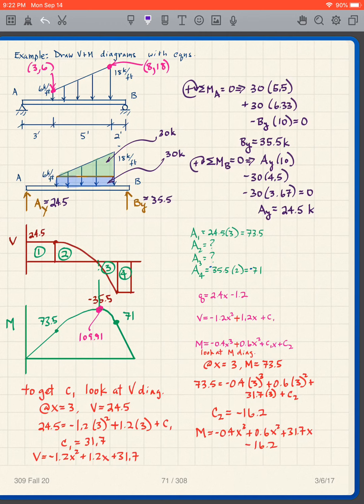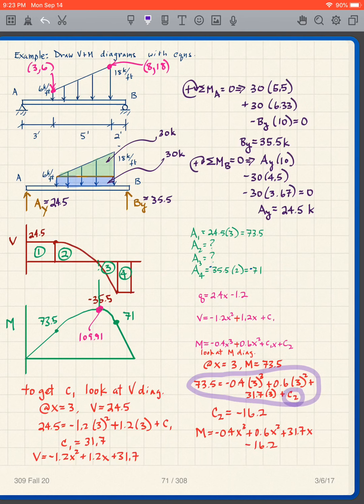And to get C2, I look at the moment diagram. Again, I look at the moment diagram in this region here. And what do I see? At x equals 3, M equals 73.5. So I put in x equals 3, M equals 73.5 into my moment equation, and plug that in.